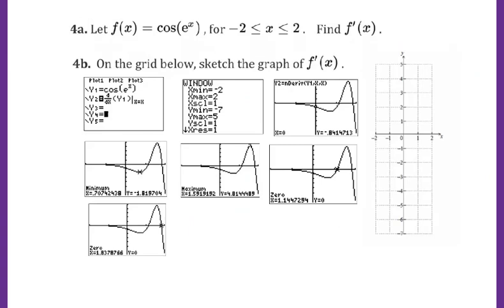Let's sketch the graph on the given graphing paper. First of all, remember when you put into your calculator, y1 is the original function, y2 will be the derivative. Only highlight the y2 so that you get the graph of the derivative of y1 only.